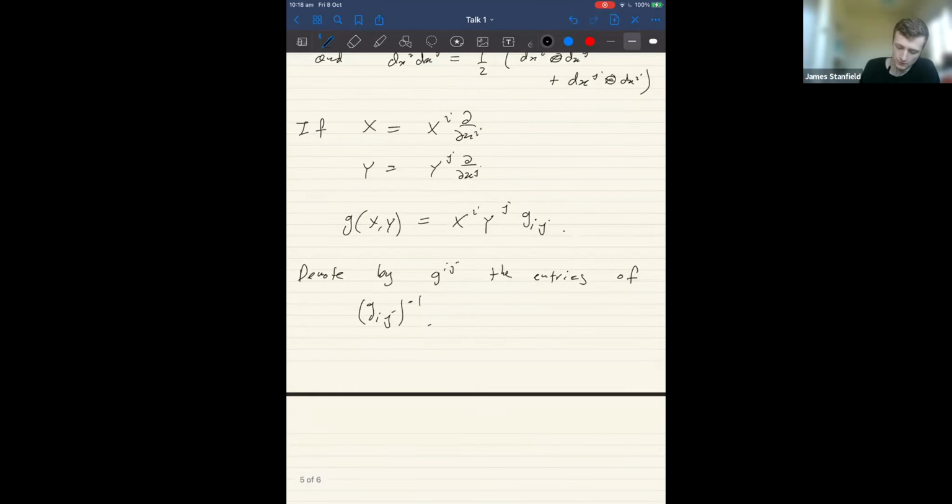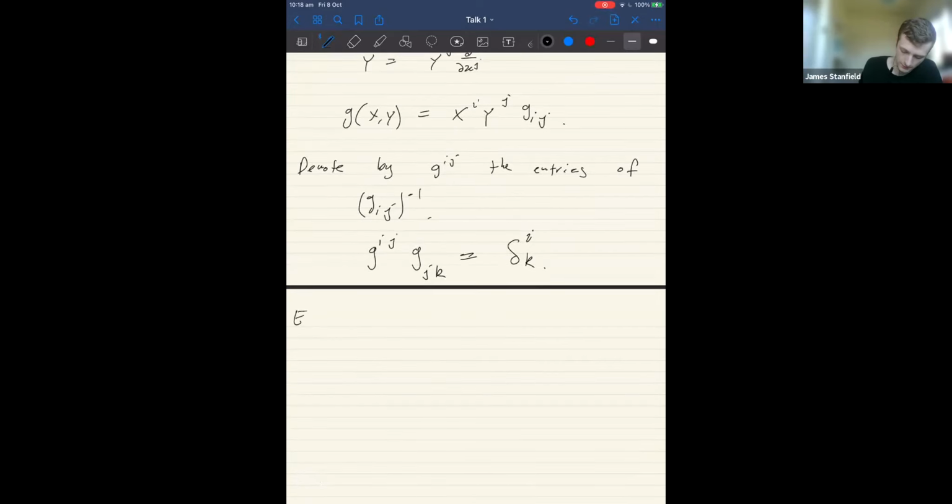Cool, and so what does this mean? Well, if you like computing in indices, if I sum over this j here and I multiply these two together, this is just giving me the components of the identity map by definition of the inverse, which is just this Kronecker delta, right? So there's 1 when they're equal and 0 when they're not. All right.